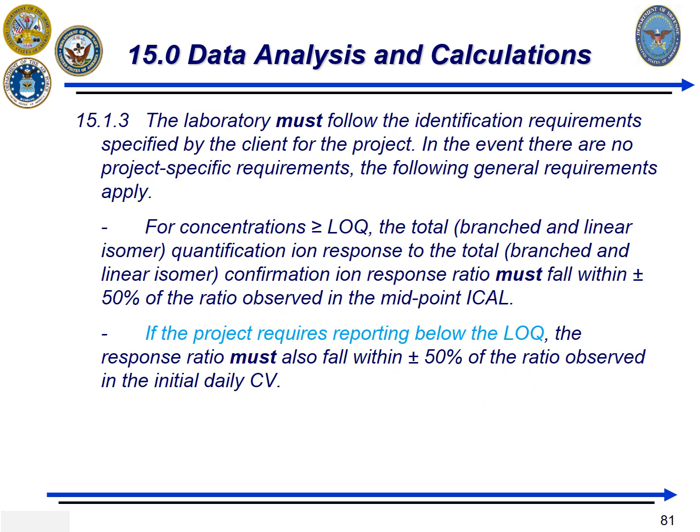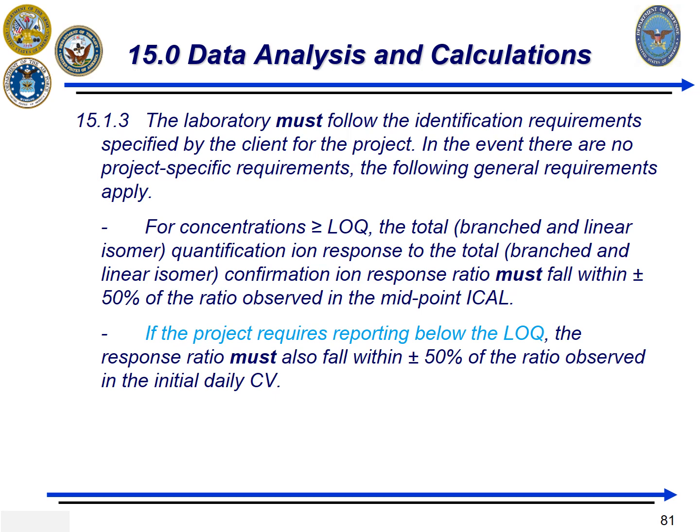Section 15.1.3 states the laboratory must follow the identification requirements specified by the client. It also states that if none are provided by a project, there are some general requirements that have to be met. They are, for concentrations greater than or equal to the LOQ, the total quantification ion response to the total confirmation ion response ratio must fall within plus or minus 50% of the ratio observed in the midpoint ICAL.